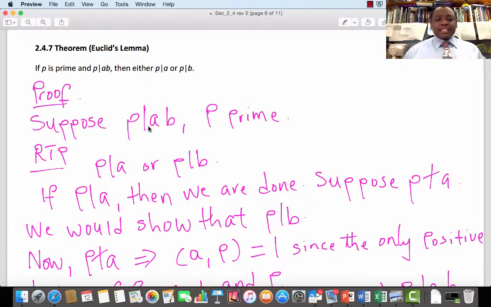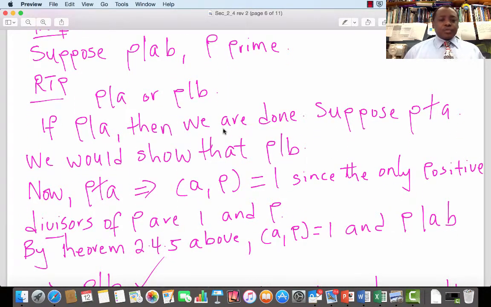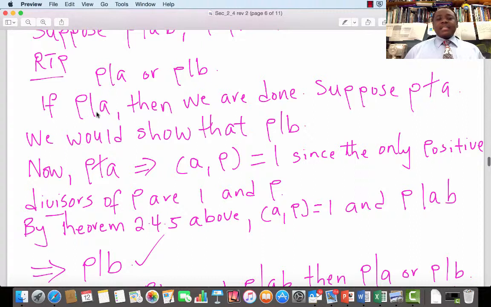Suppose p divides a times b and p is prime. We are required to prove that p divides a or p divides b. If p divides a, then we're done. Suppose p does not divide a, then we have to show that p divides b.